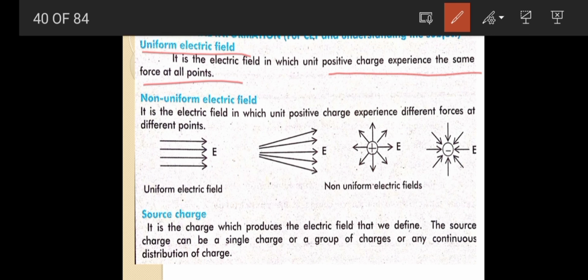That is why we call it a uniform electric field.